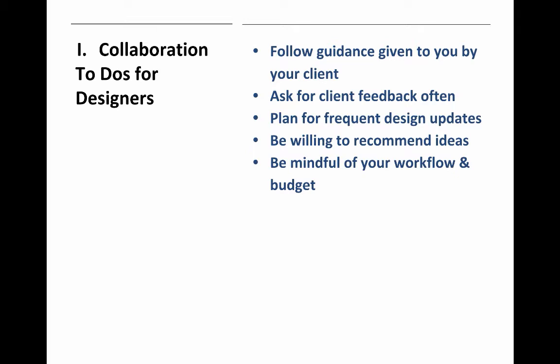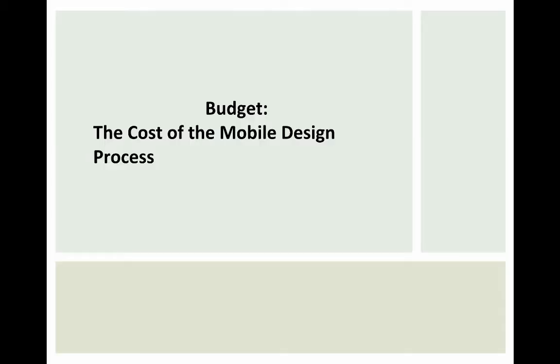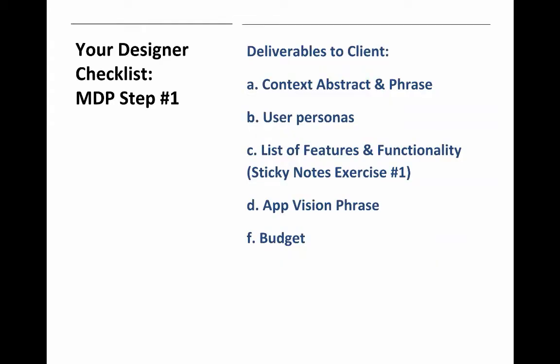As your project manager, I will walk you through this list of designer to-dos. The budget becomes the work contract that you sign off on. You, the client, and the project manager will review the document together and agree on it before the start of the project. In order to start a budget, mobile designers need to know what deliverables are expected of them.